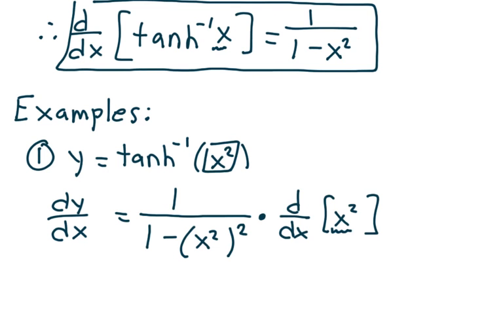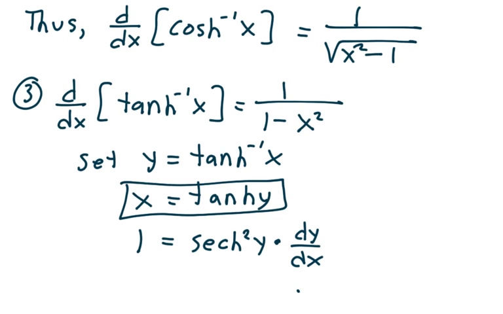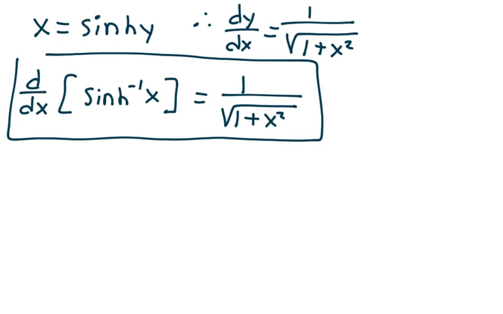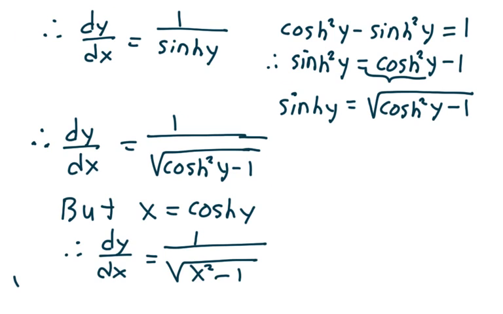So let's go back. Right here. If you notice, when I take the derivative of the inverse hyperbolic sine of x, I get 1 over the square root of 1 plus x squared. But instead of an x, I have negative 2x.